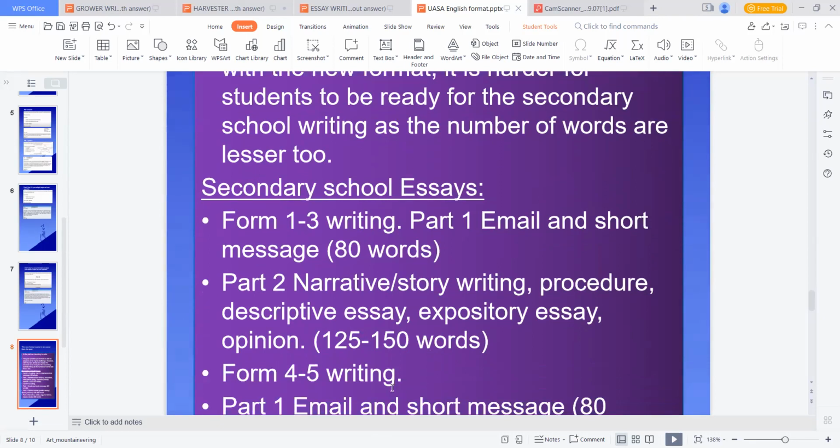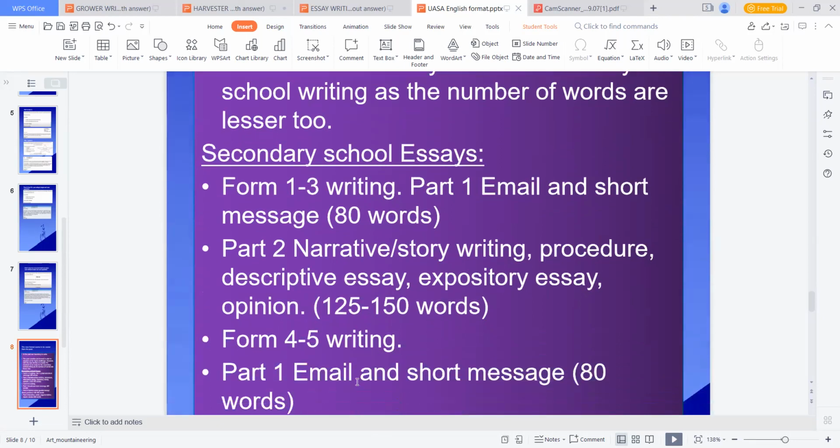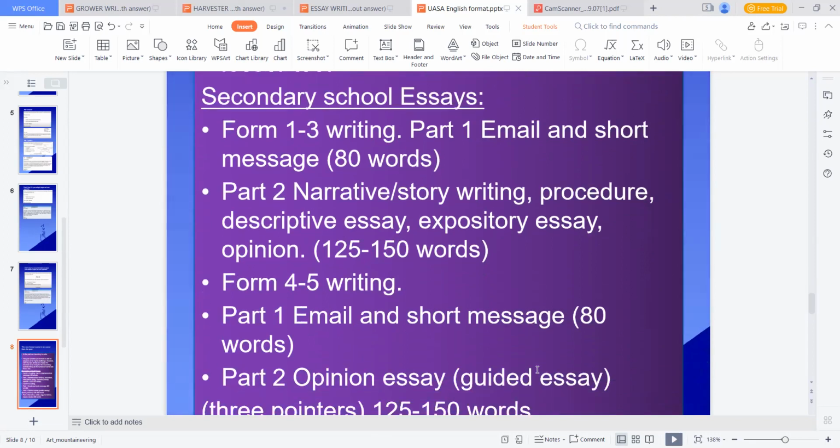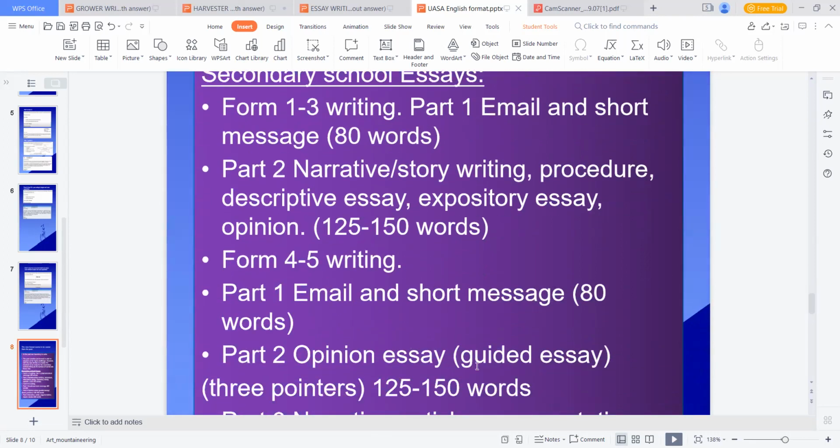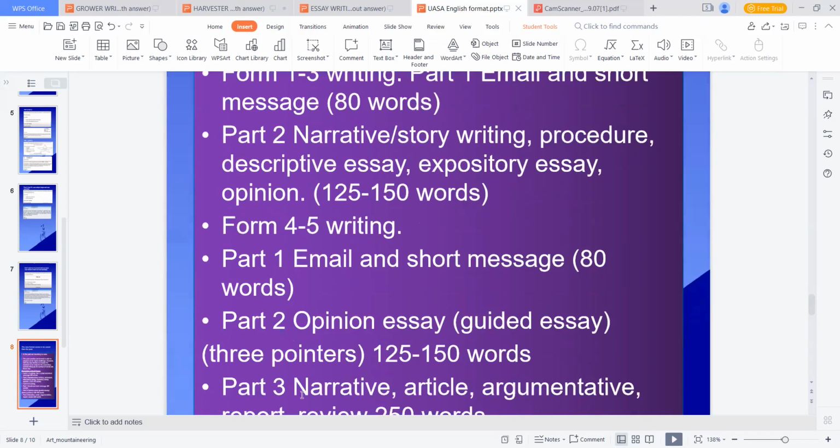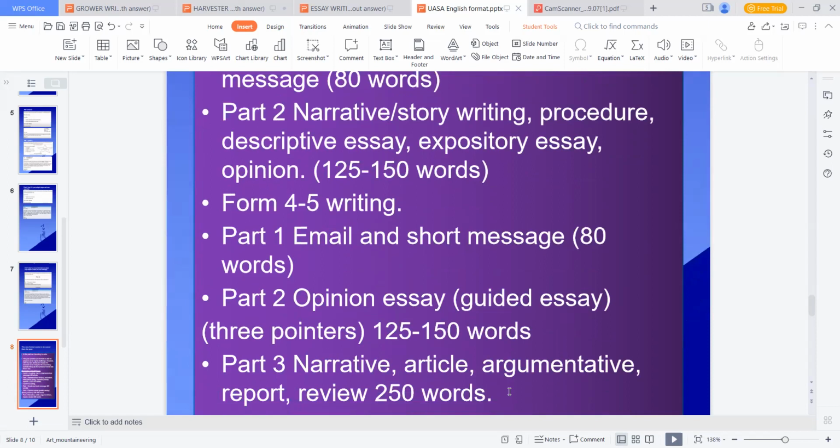As for Form 4 and 5 writing, part 1 is email and short message as well, 80 words. Part 2 is an opinion essay, which is a guided essay. 3 pointers will be given, 125 to 150 words. Part 3 will be narrative, that means story, article, argumentative essay, meaning opinion essay, report, review, 250 words.